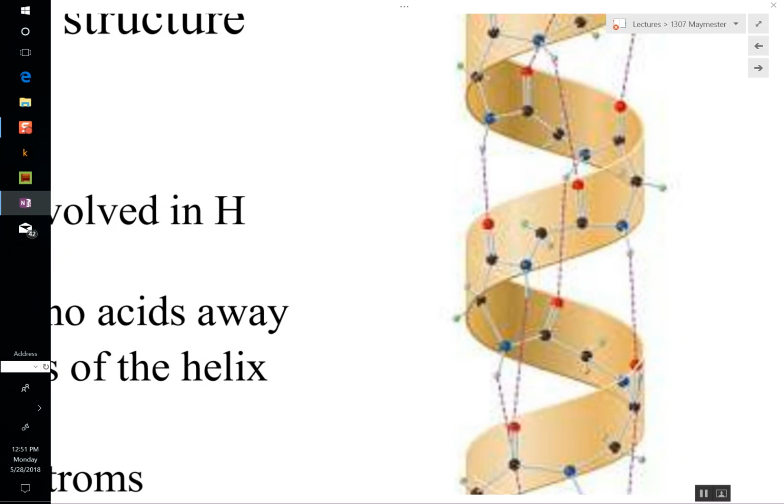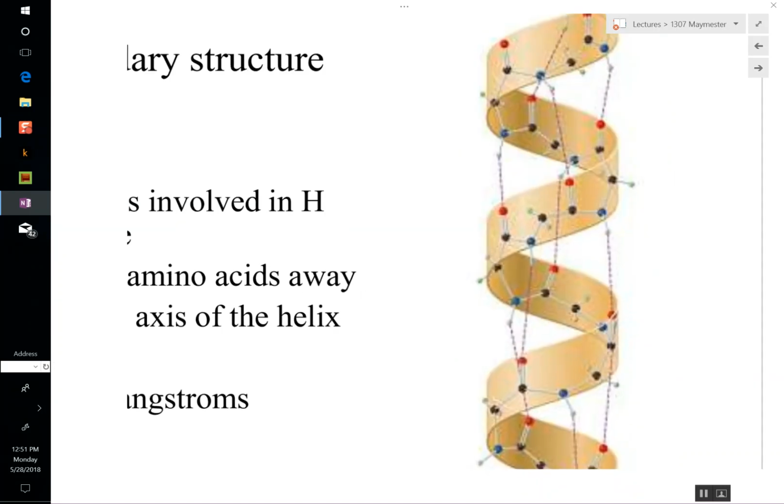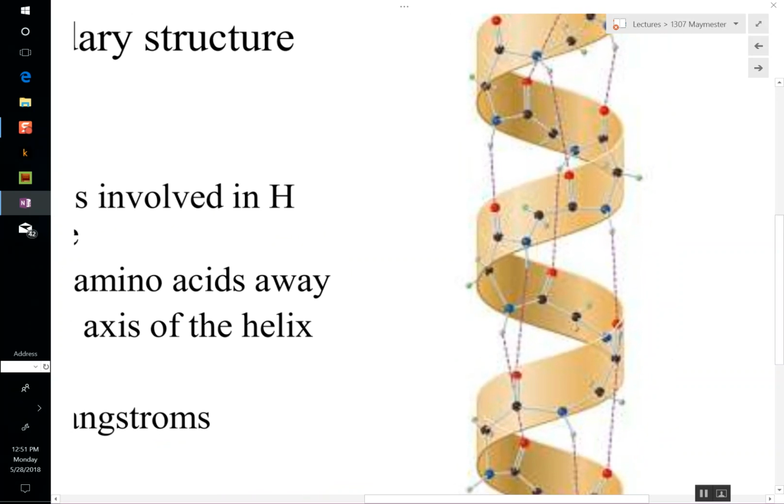We've got a carbon-oxygen double bond right here. Maybe I can see it a little bit better if I make it smaller. Carbon-oxygen double bond right here. We move on up the helix 2, 3, 4 amino acids, and we come to another carbon. Here's an NH. There's a carbon-oxygen double bond. But here's the NH that is next to that carbonyl.